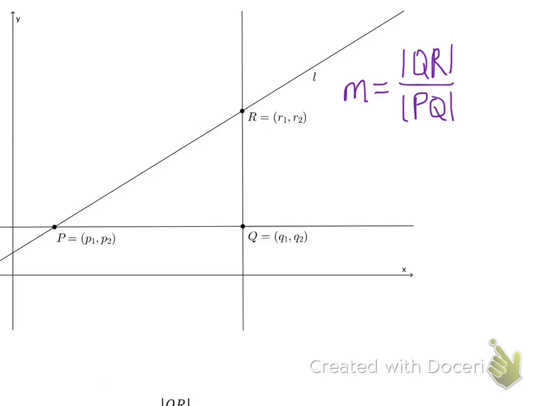We're going to rewrite that because we want to know how we can find this distance QR without having to translate this triangle down to the y-axis and read the height right there. So we don't need to do the translation, but the translation is handy in determining what slope is exactly. This distance QR can be found by looking at the coordinates.